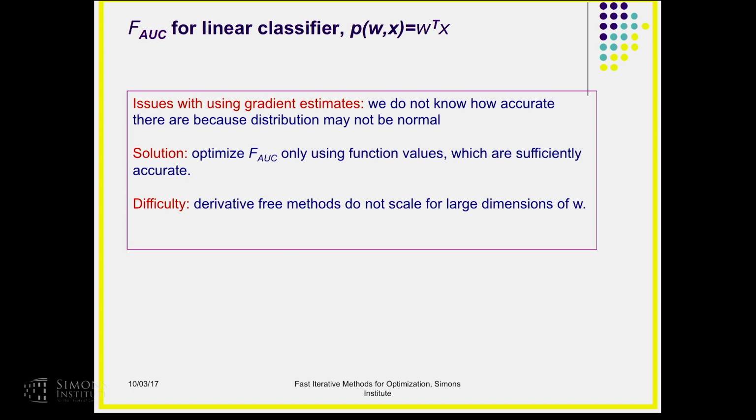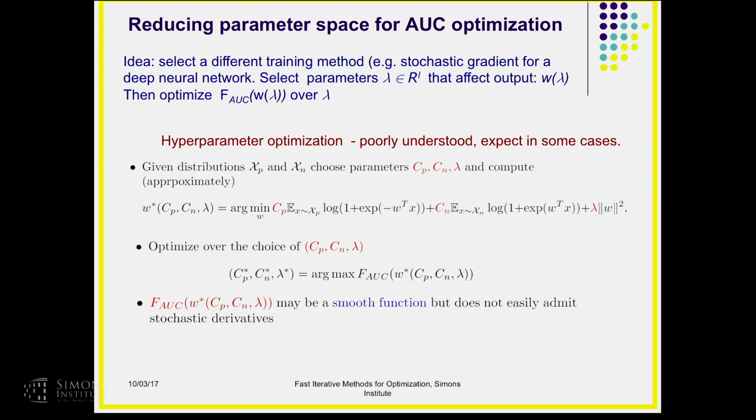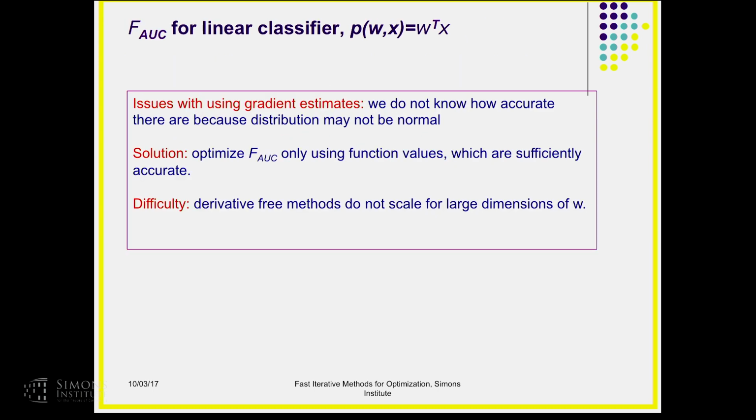And there's a lot of interest in scaling up these methods. So here, we're saying that we cannot scale with the dimension W. So maybe another alternative is just to reduce the number of variables that you are optimizing over.